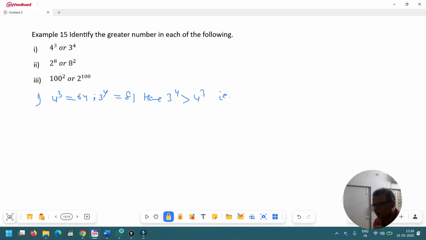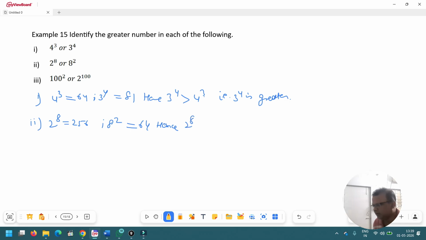That is, 3 to the power 4 is greater. Second, 2 to the power 8 is equal to 256. 2 to the power 8 is greater.